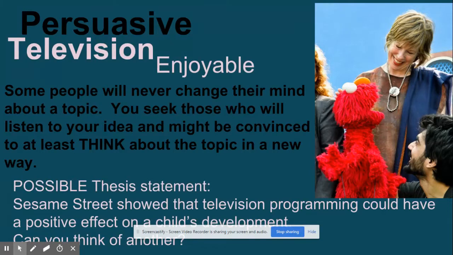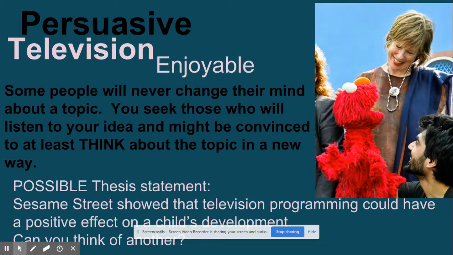The next one is a persuasive, and she has television as a topic and enjoyable. So again, you're probably not going to convince someone who just is not interested in changing their mind, but maybe with some humor or with some common ground, you can even just get them to budge just a little.